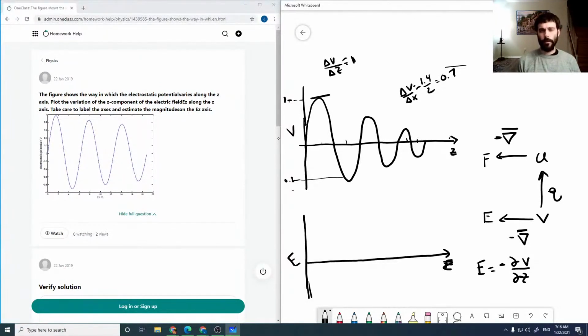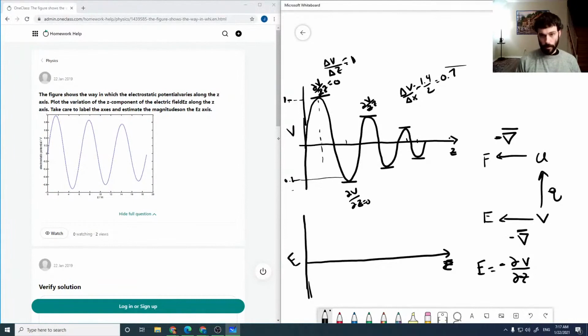So first of all, at each of the turning points, my dV by dz is 0, right? So these are the points where my derivative is 0, and so my E field will be 0 at these points.